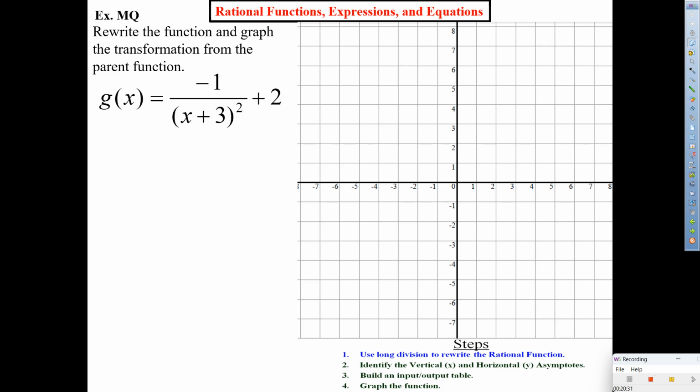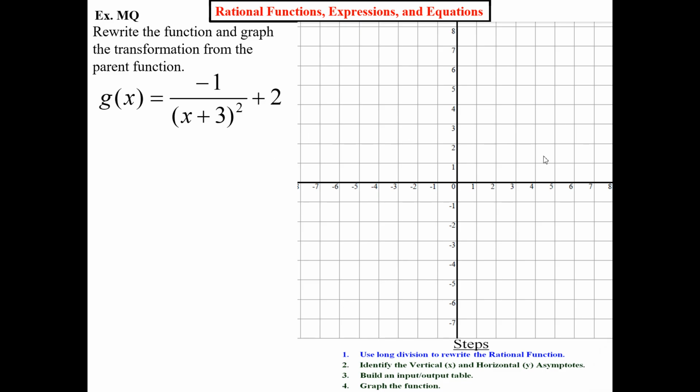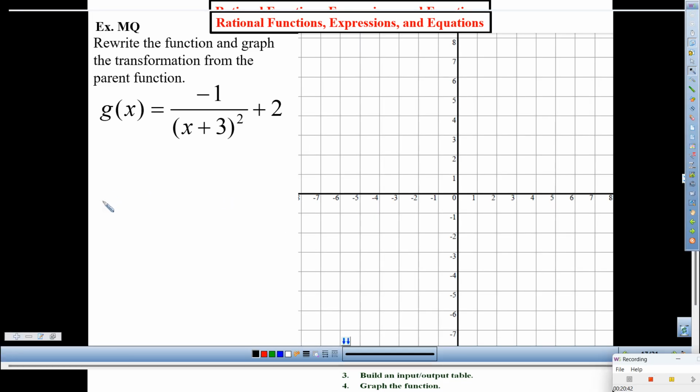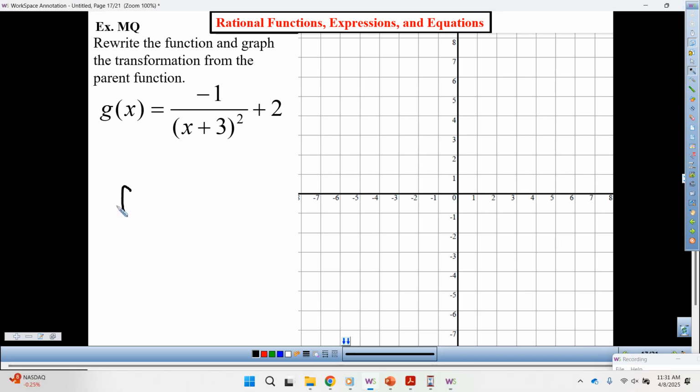All right, here we go. What do we do first? Let's start over here with Denise. What did you do first, Denise? The VA for the parent function, right? So it's f of x equals 1 over x squared, okay?